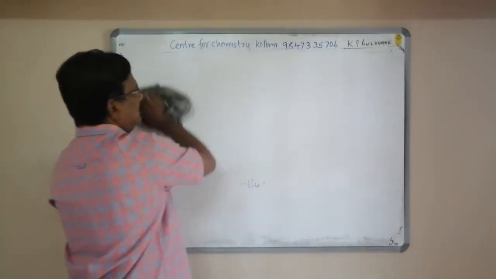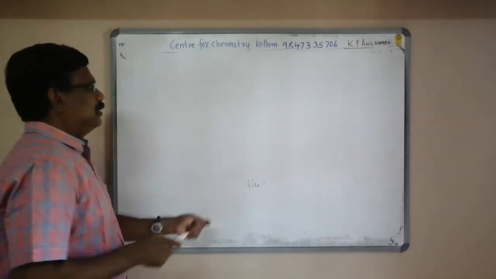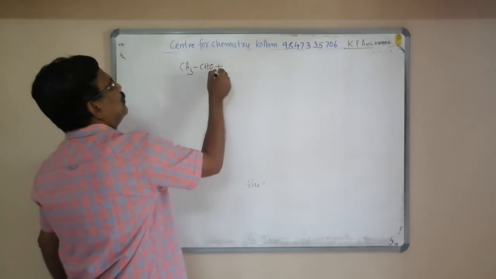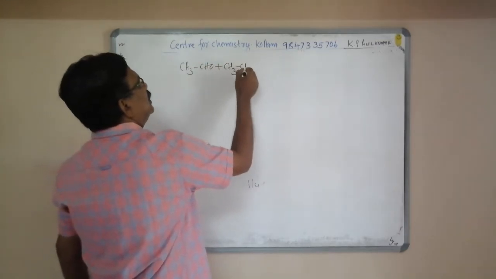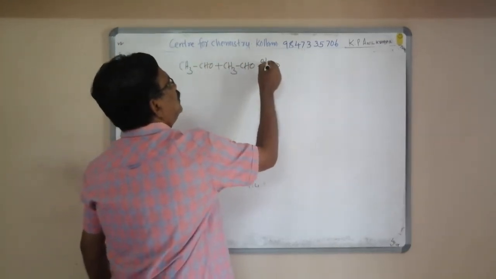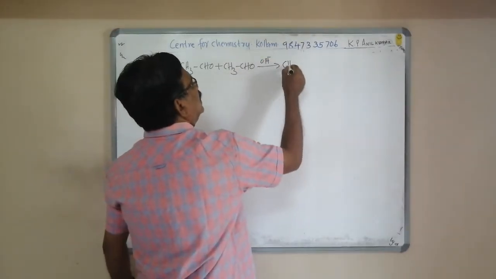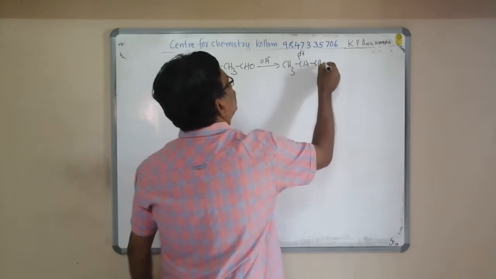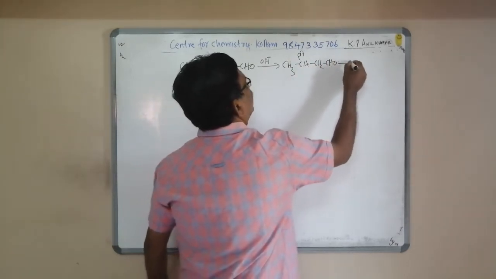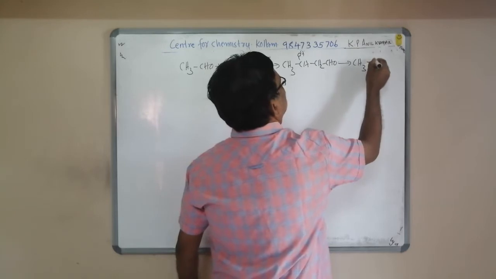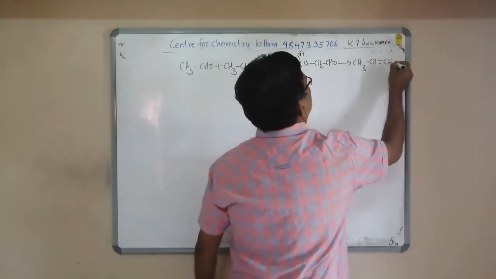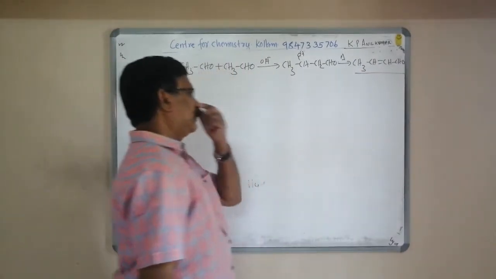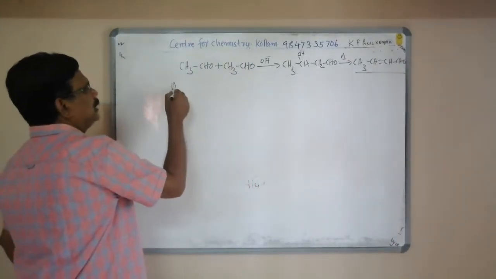Mechanism. Aldol condensation: CH3CHO plus CH3CHO gives CH3-CHOH-CH2-CHO, which on heating gives CH3-CH=CH-CHO. This is crotonaldehyde. So, the mechanism.